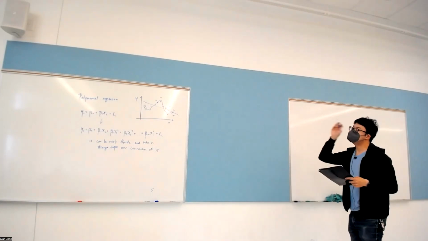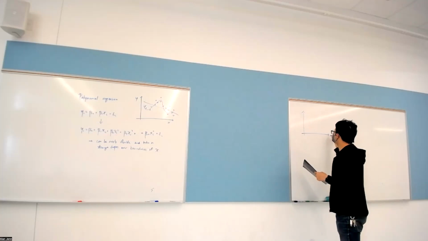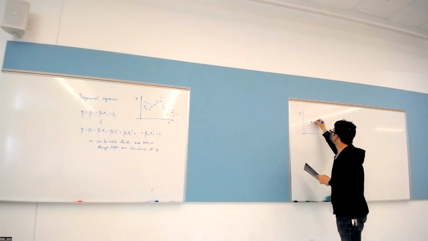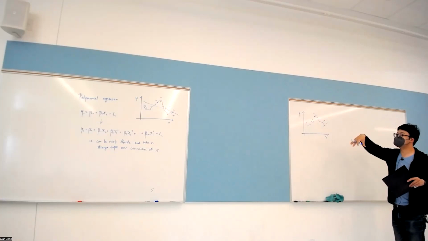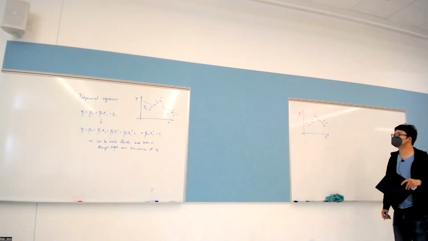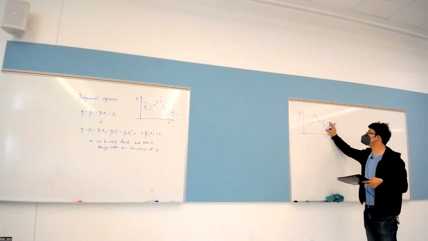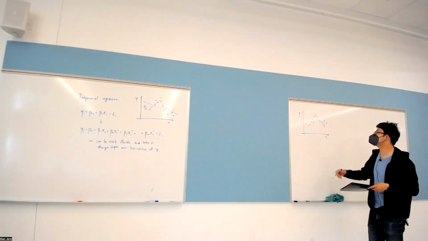There's a different way I can try and fit this. So let me redraw that plot really quick. Instead of trying to create some kind of polynomial term, an alternate method that I could take is to separate this out into several linear regressions.